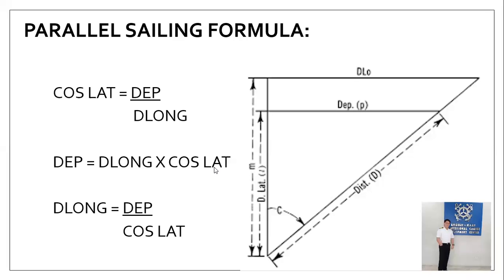Now, if it is required the d long, then bring down cosine latitude here, then departure over cosine latitude is equivalent to d long. I'm sure you understand how to derive a formula using cross multiplication. Okay, can I move on? You may screenshot this for the parallel sailing formula.